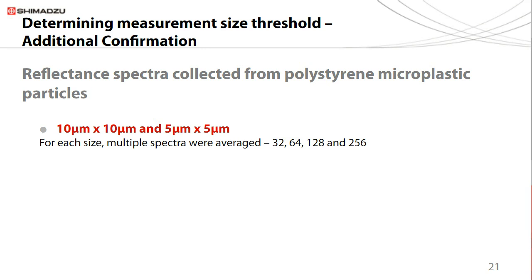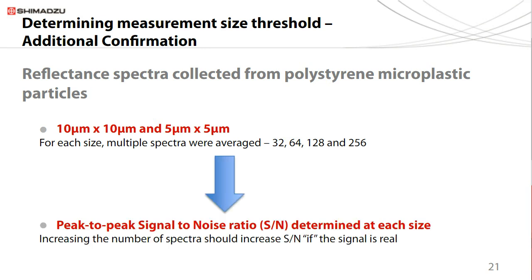The number of scans was set at 32, 64, 128, and 256 for the two sample sizes. Measurements were replicated 5 times and signal-to-noise ratio determined at each size. The idea is that the increase in number of spectra averaged should increase the signal-to-noise ratio if the signal is real.